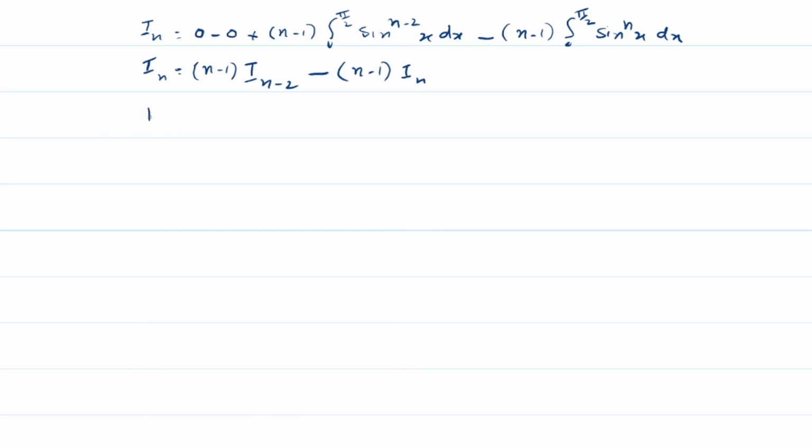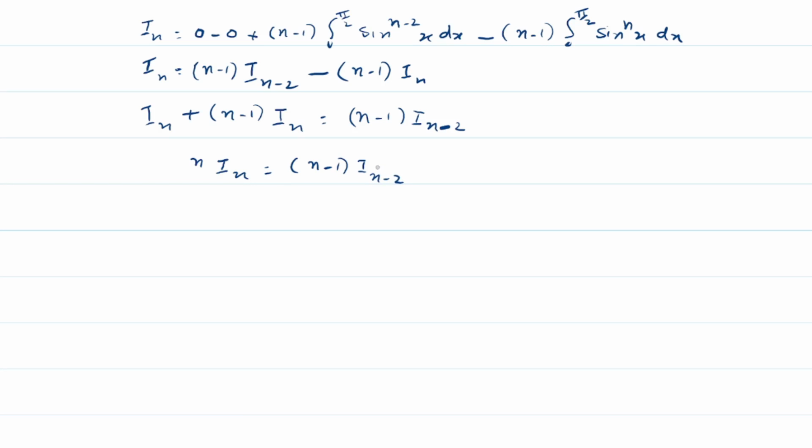On simplification, we will take this to the left side, plus this will become plus (n-1) I_n, equal to (n-1) I_{n-2}. So I_n gets cancelled, so n I_n equal to (n-1) I_{n-2}.